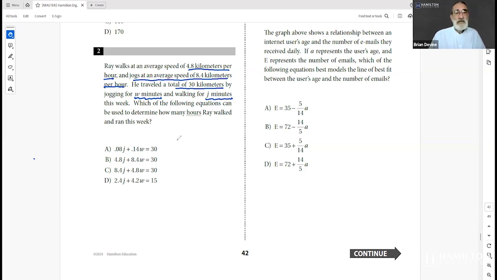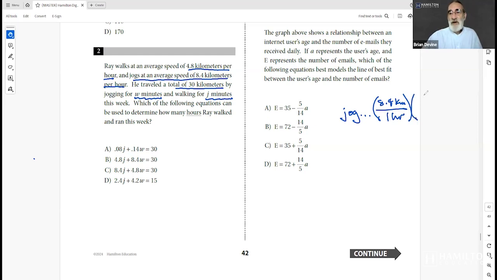Well, I'm going to do it over here on the side because I got more space. But if we look at his jog, well, the jog is going to be 8.4 kilometers in 1 hour. But they gave us the time in minutes.